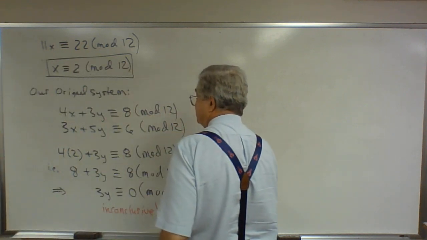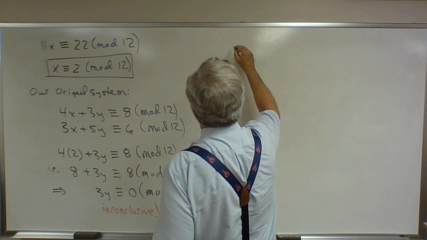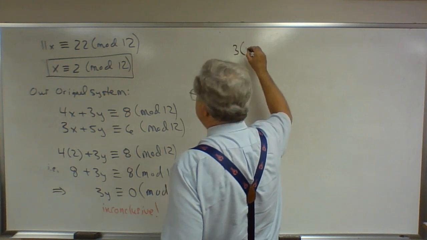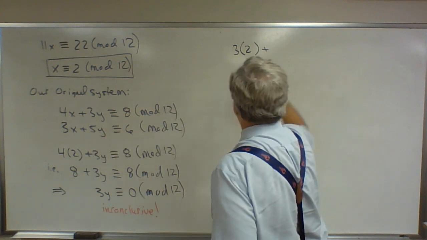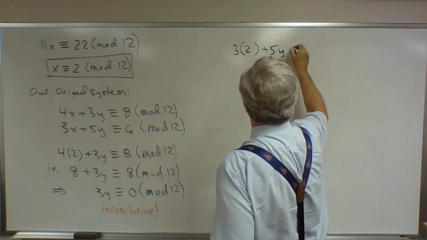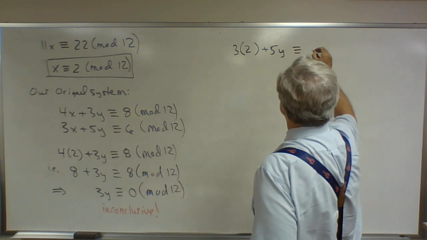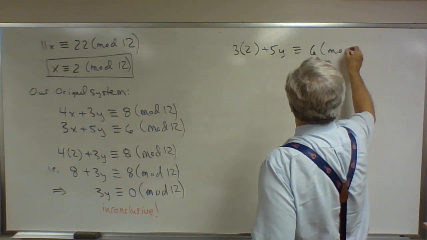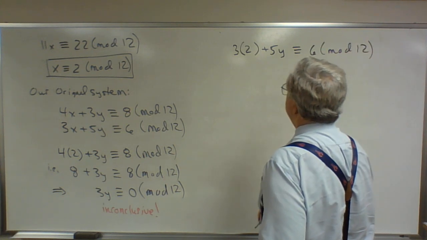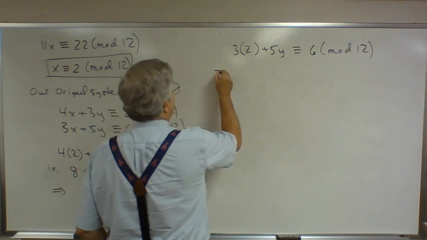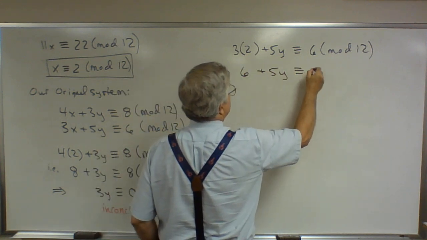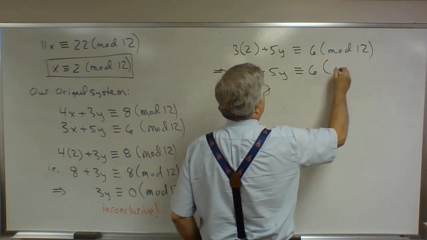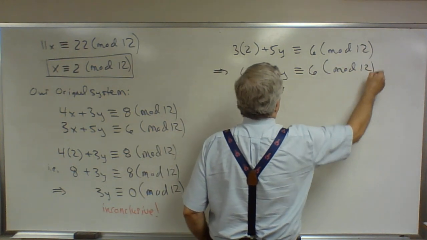So let's see. 3x plus 5y is congruent to 6 mod 12. And that means 6 plus 5y is congruent to 6 mod 12.